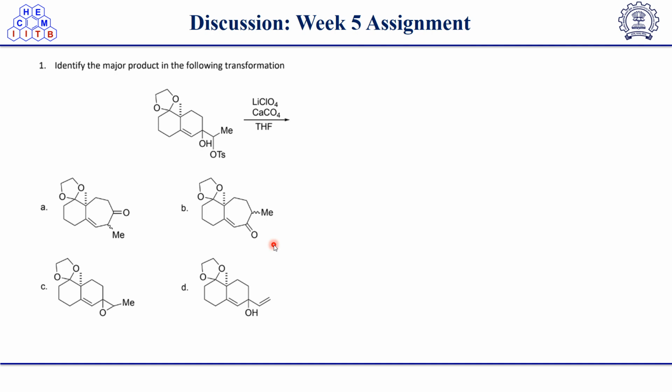I will give you a couple of minutes to think about the answer and the mechanism of this reaction. What will be happening when we treat this compound with particularly these two reagents?